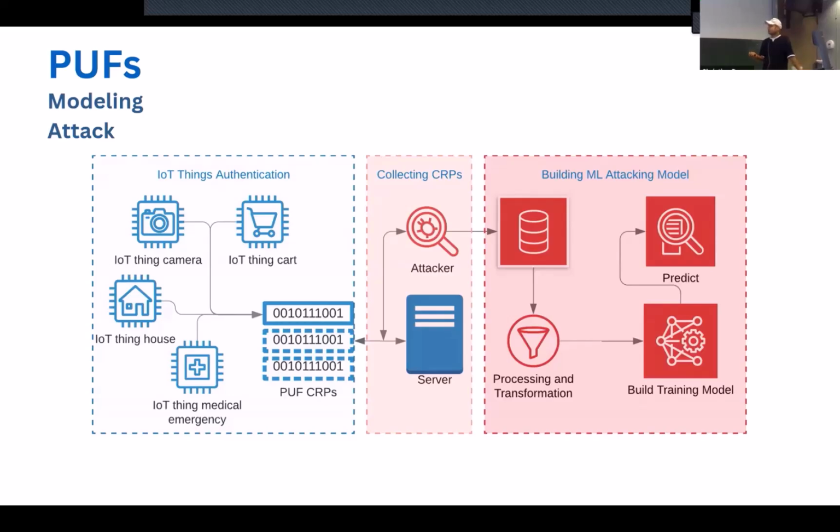For example, if he knows the challenge-response pair for the first challenge, then he tries to predict the response of the second challenge. It is basically a machine learning attack where they try to find correlations in already existing knowledge and, based on that, predict the outcome of what is not known yet. This is a very common attack on classical PUFs.